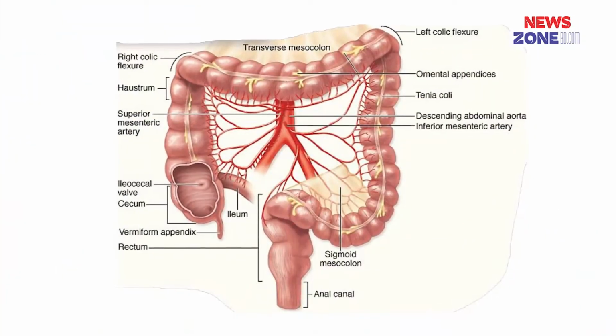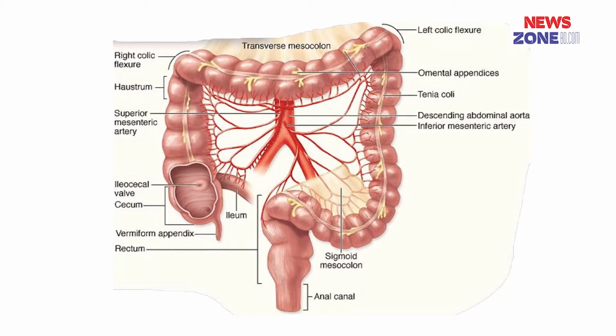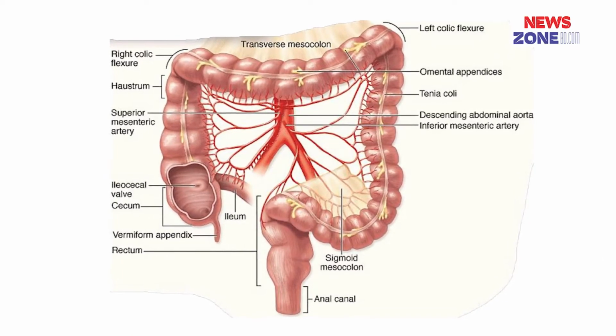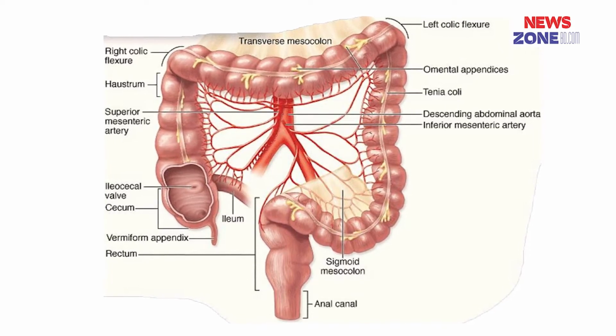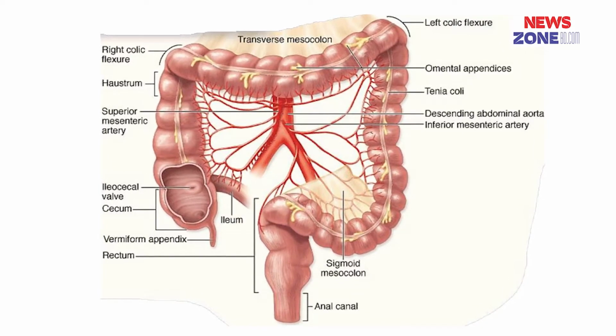Now I want to discuss the large intestine, the histological structure of the large intestine. Just before starting the histological structure, I want to describe the general structure of the large intestine. The main parts of the large intestine are the cecum, appendix, ascending colon, transverse colon, descending colon, sigmoid colon, rectum and anal canal.